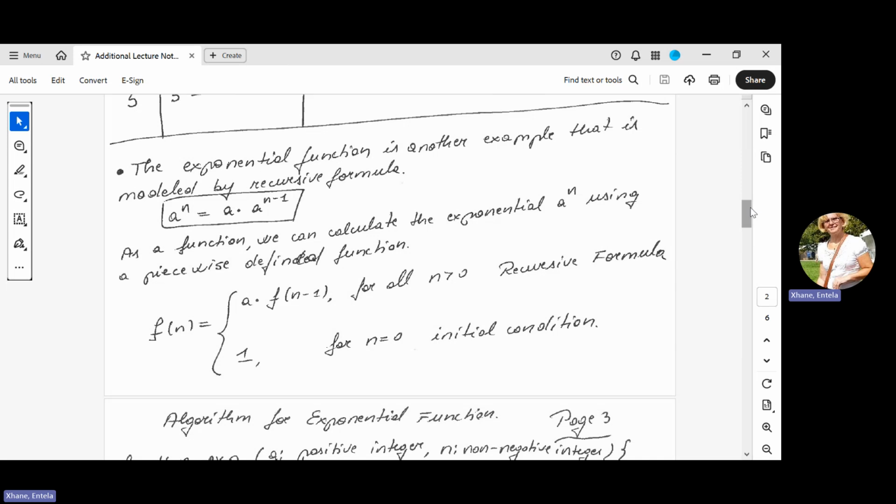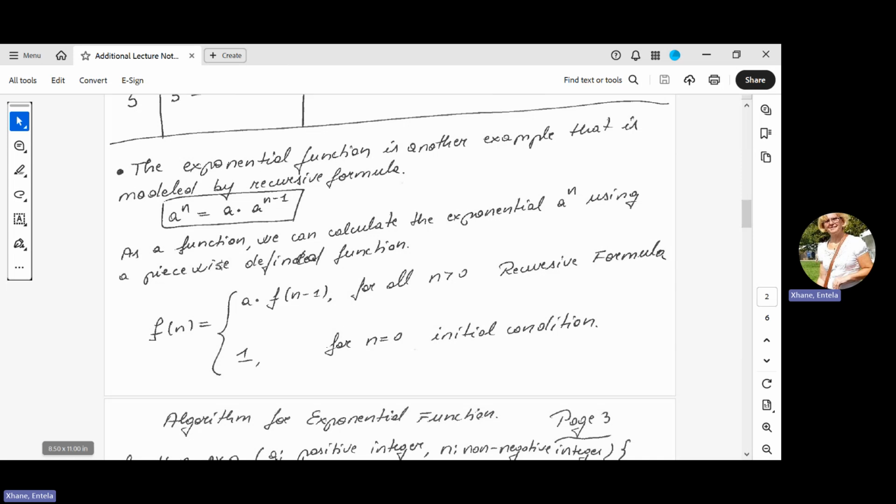But if n is greater than 0, then this is going to be a, which is the base of the exponential function, times f of n minus 1. This comes from the idea that if I have base a raised to the power n, this is going to be a times a to the power n minus 1.